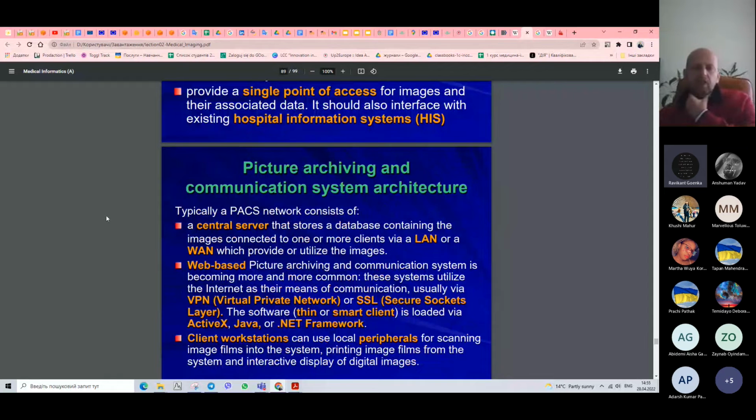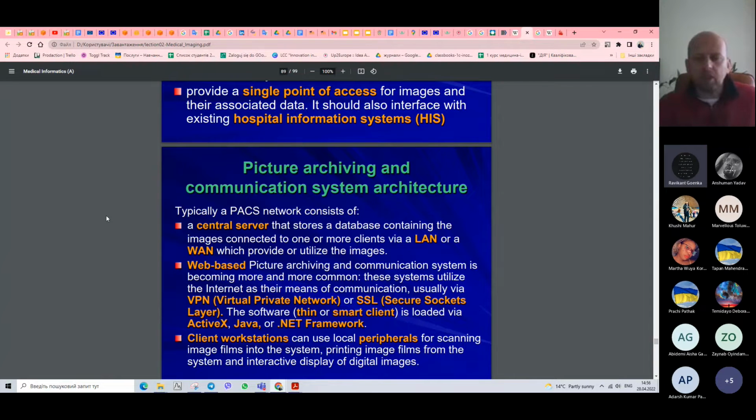Picture archiving and communication system architecture. Typically, a PACS network consists of a central server that stores a database containing the images, connected to one or more clients via a LAN or a WAN, which provide or utilize the images.